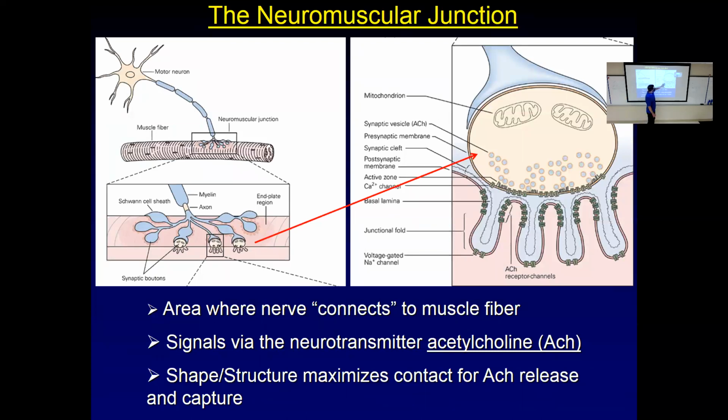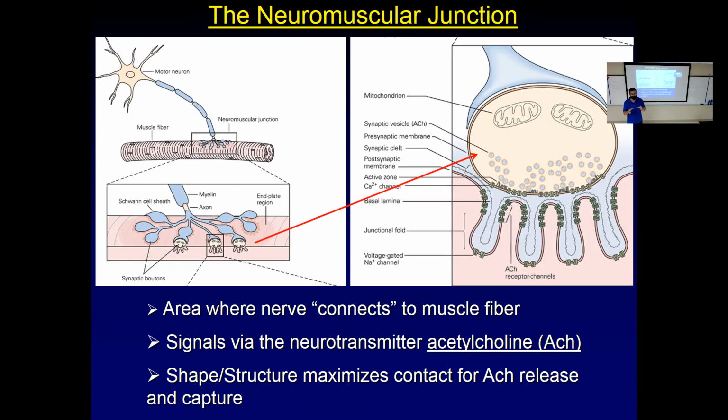So here's a cartoon of what I just showed you in an actual microscope picture. What you can see here, this is the nervous system end. This is the sarcolemma, or the muscle side. Note how the structure at the junction on each side is a little bit different.